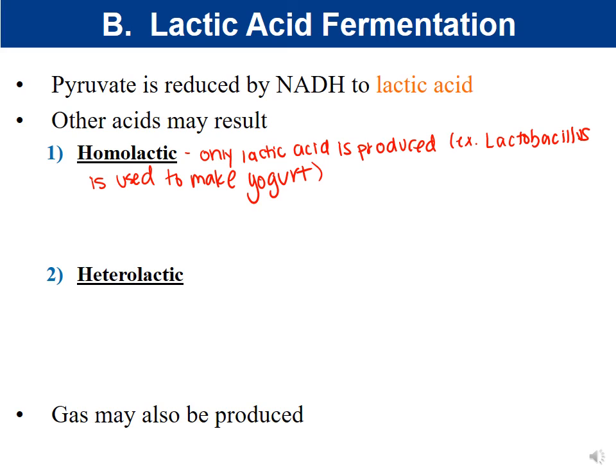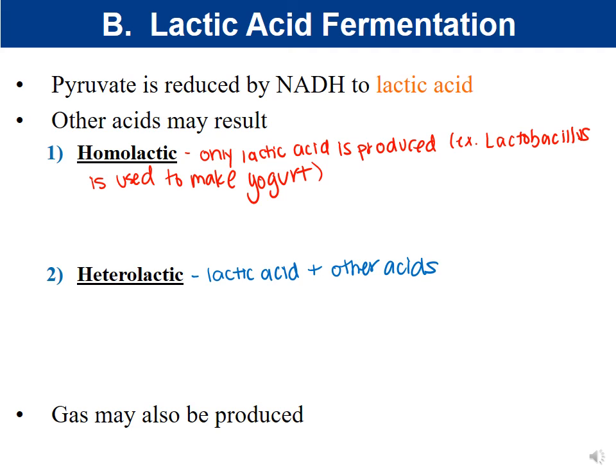Other organisms might be what we call heterolactic. Hetero means other. So for these organisms, they produce lactic acid plus other acids. So they have a slight variation, and they don't only produce lactic acid, but they might produce other acids as well.